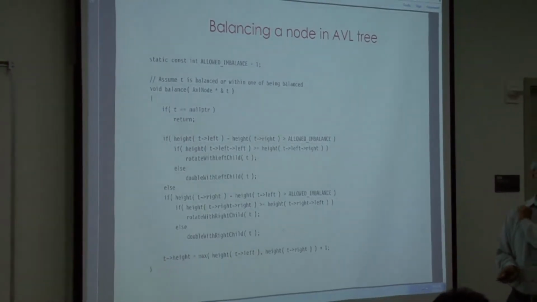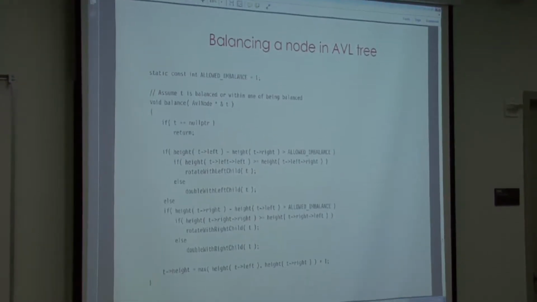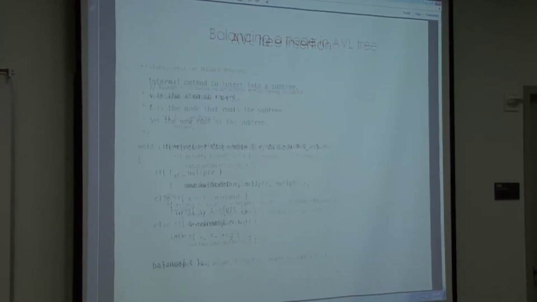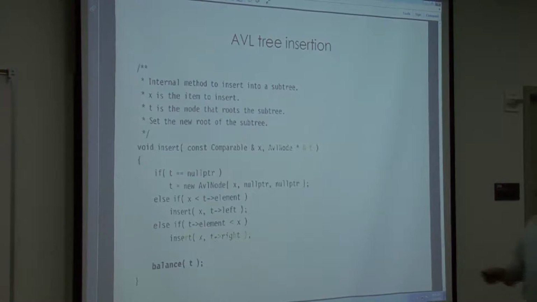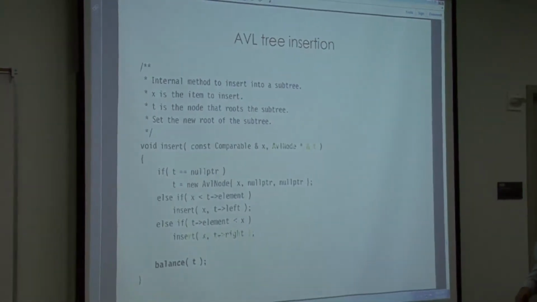Now, this is not an important fact in the case of insertion. Because in the case of insertion, we could afford to spend even order H time, till the total cost of insertion will be only order H. Why? It's because while you execute the code for insertion, how many times would we encounter this balancing?